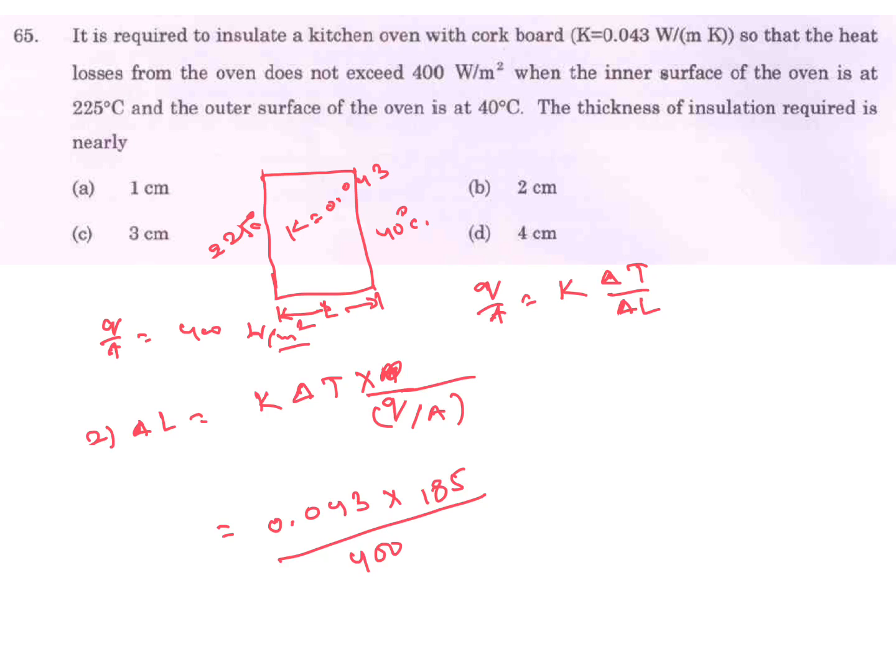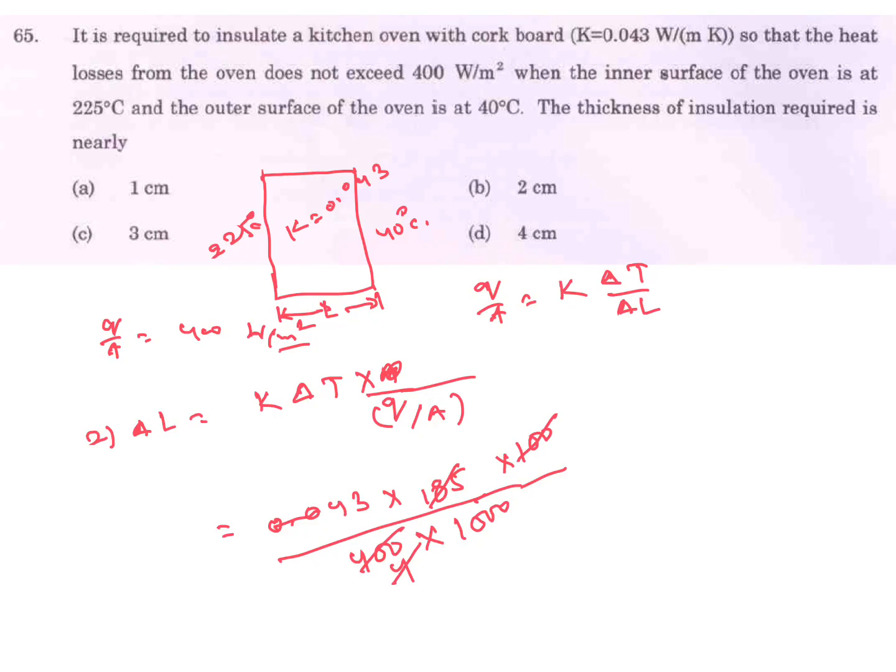So 0.043 we can write 43 by 1000. In this question the answers are in cm, so we will multiply by 100. Then this is 4.